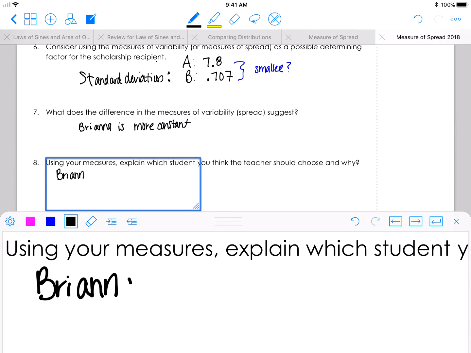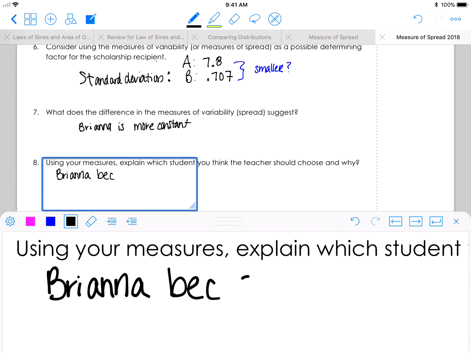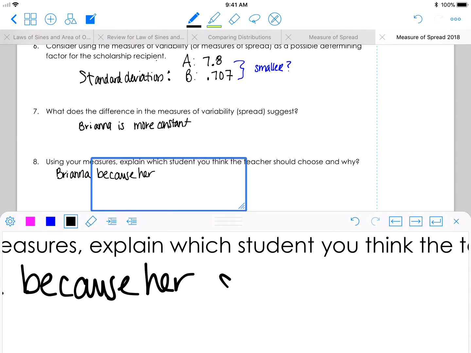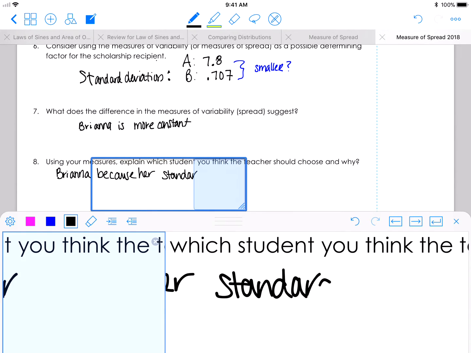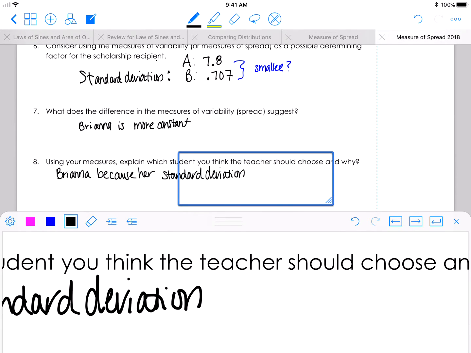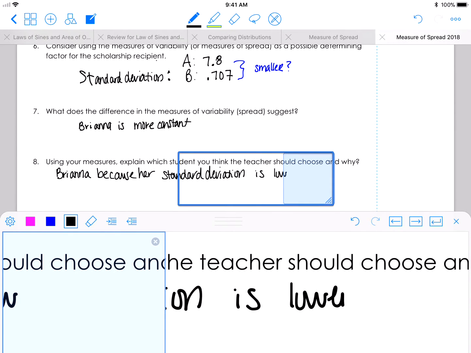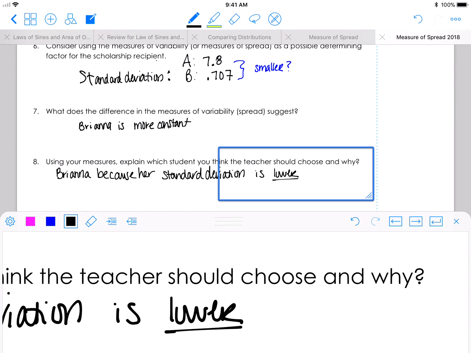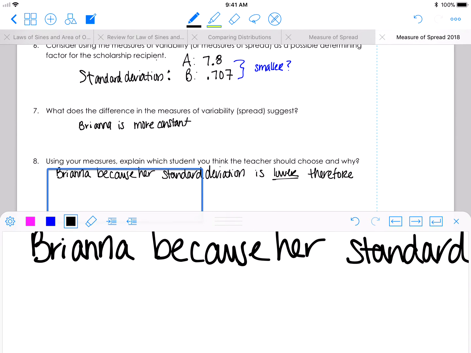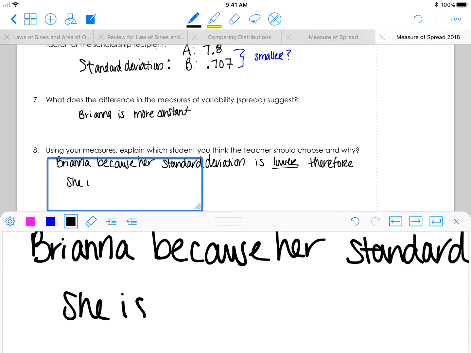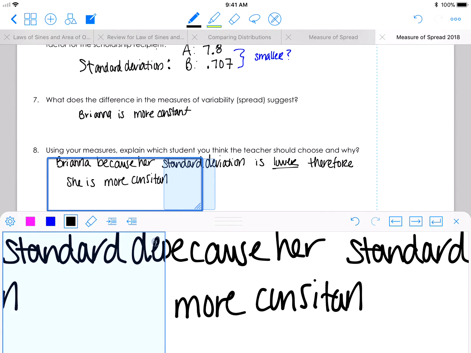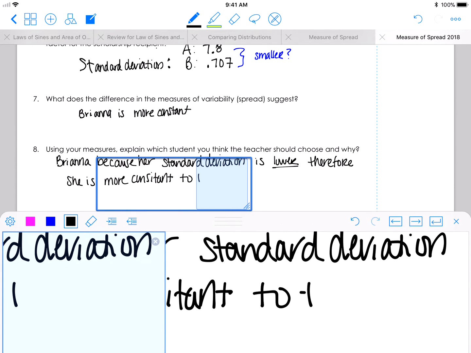Most teachers would choose Brianna because her standard deviation is lower, therefore she is more consistent to the mean average.